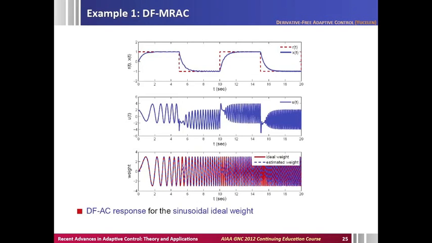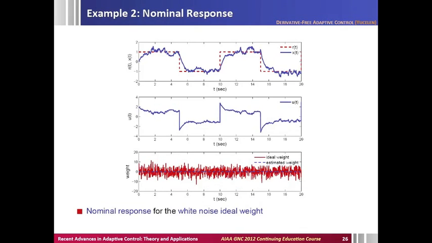Now this is the derivative-free adaptive controller. It estimates even this weird change in the ideal weight. One more extreme case, of course: just for illustration purposes, I will assume that the uncertain time varying ideal weight is white noise, which is really an extreme case.